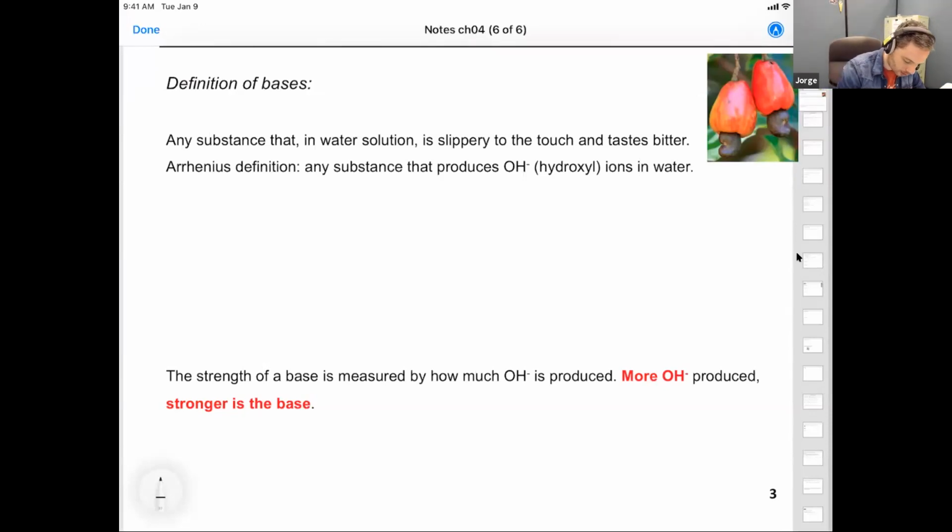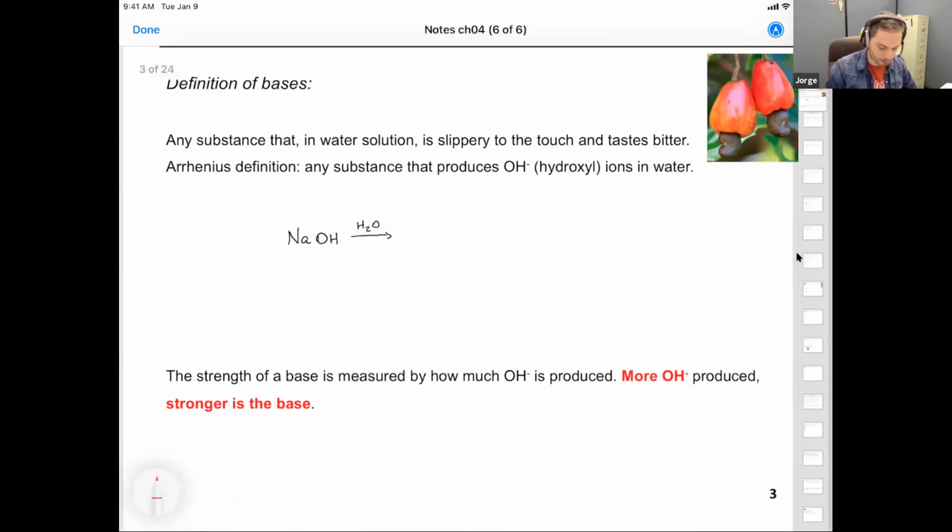Okay, so let's see here, for example, sodium hydroxide. When we get pellets of sodium hydroxide and dissolve them in water, I'm going to indicate the dissolution process by placing the water over the arrow.